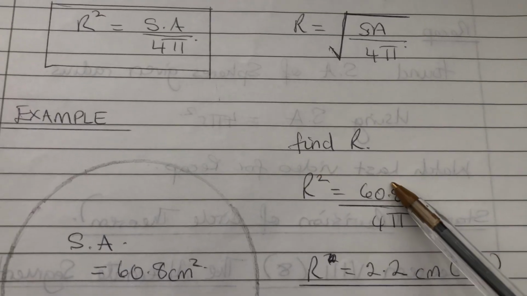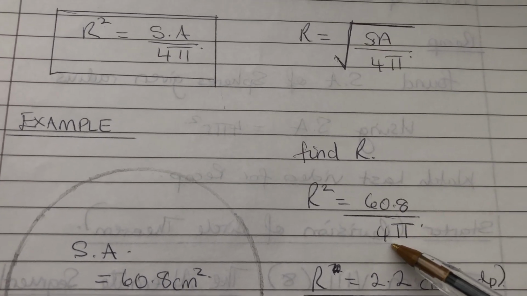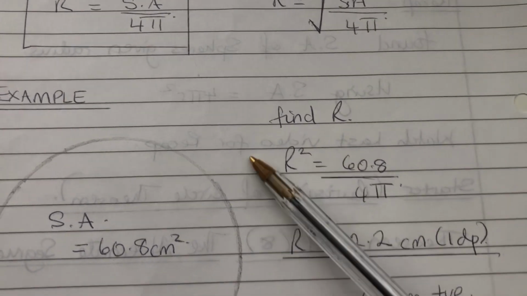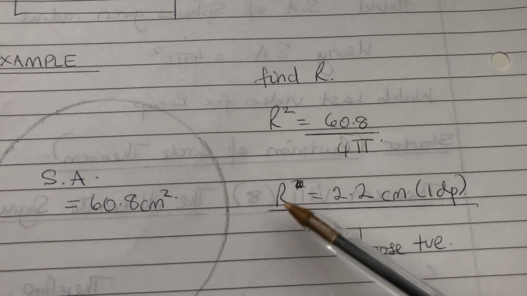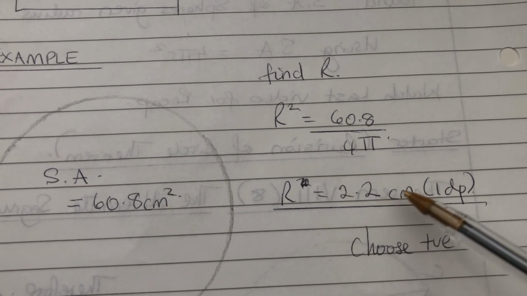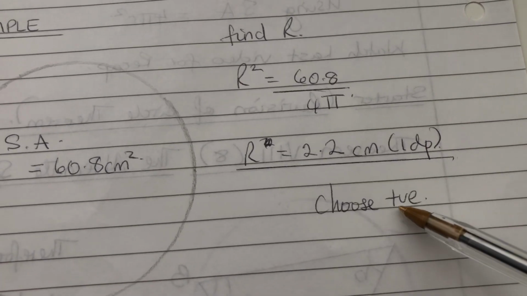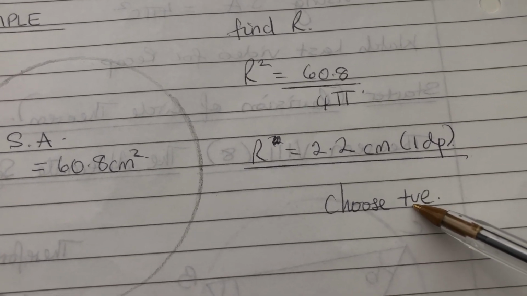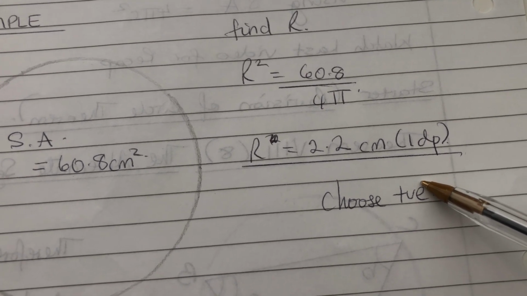So surface area divided by 4 pi will be r squared. Now if you do this right on the calculator and square root it, you have 2.2 centimeters to 1 decimal place. As I said, it's length, so we choose the positive, not the negative.